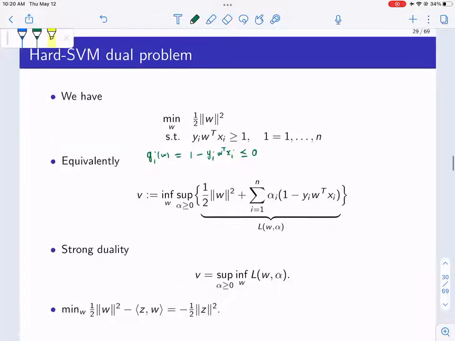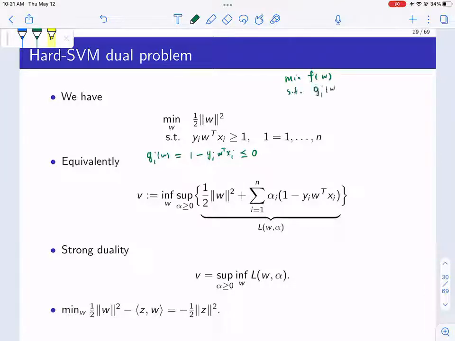The problem is minimize f(w) subject to gi(w) less than or equal to 0, i from 1 to n, and f and g1 up to gn are convex. This is the general format of an inequality constrained convex problem.